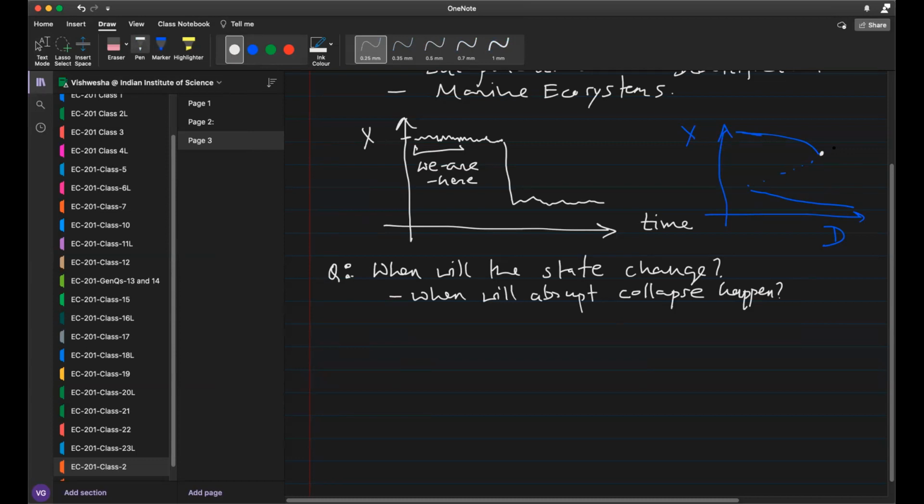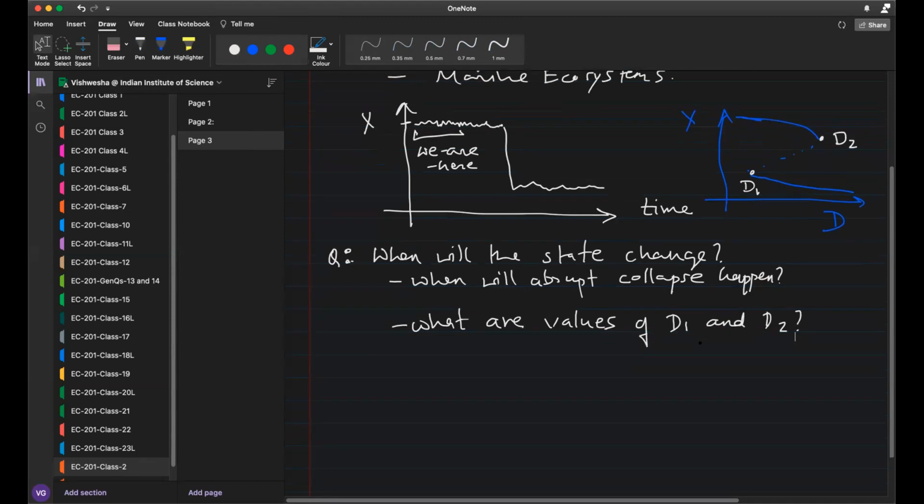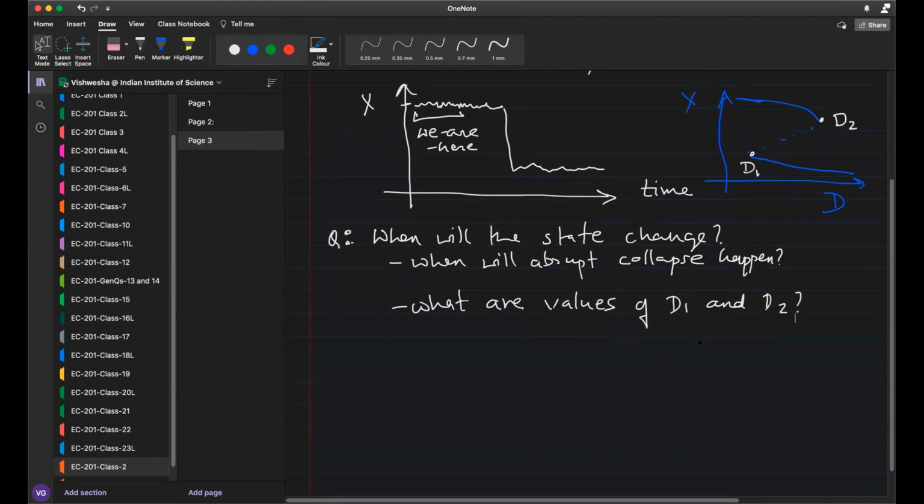What are the values of D1 and D2? That's another question you can ask. If you know the current value of D, you can probably do something about this. But often you don't know what D1 and D2 are. This parameterization is often very difficult.